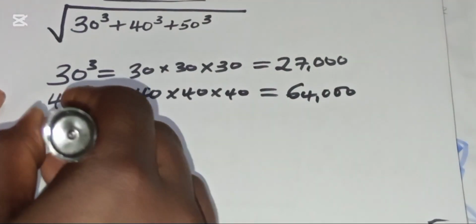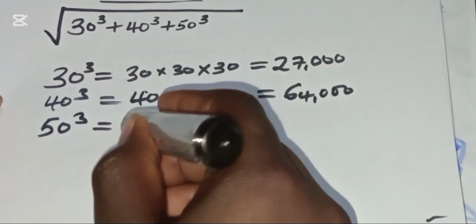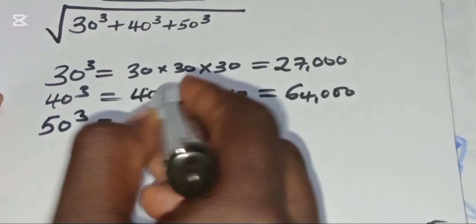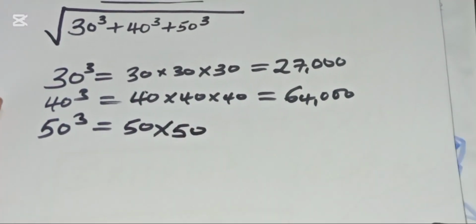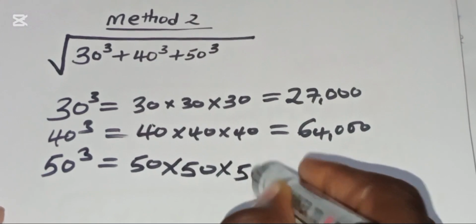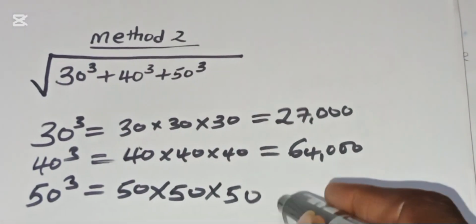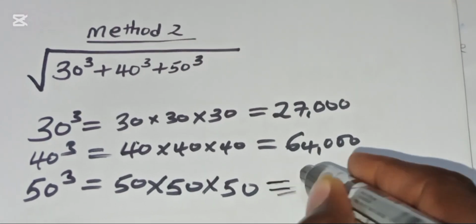Now we have 50 cubed. This is 50 multiplied by 50 multiplied by 50, and this is equal to 125,000.